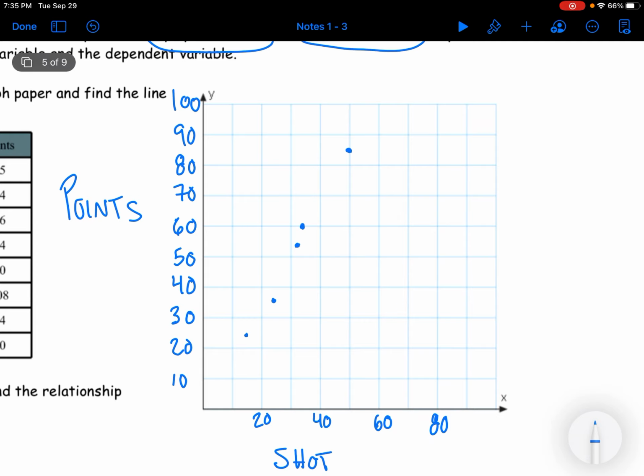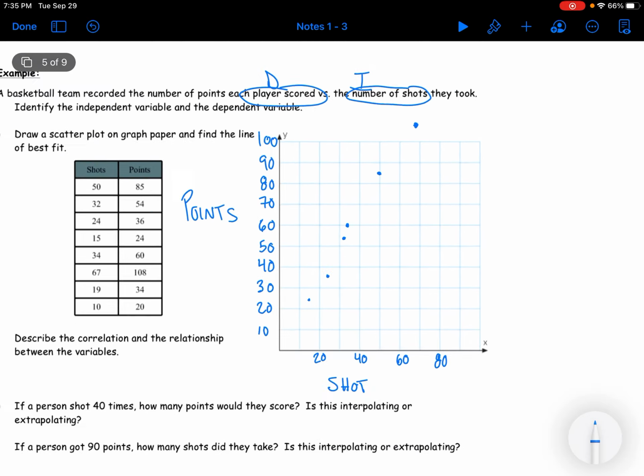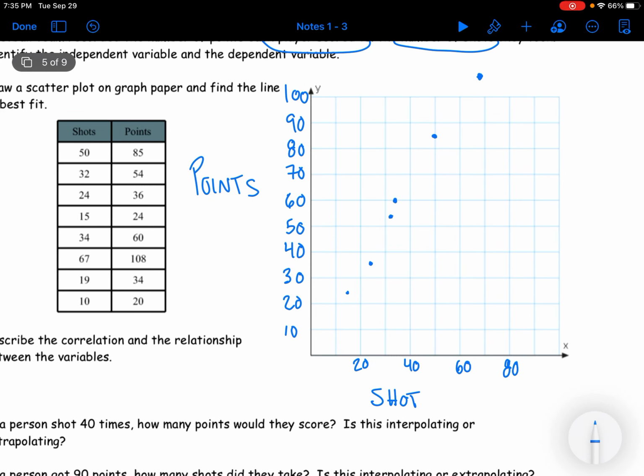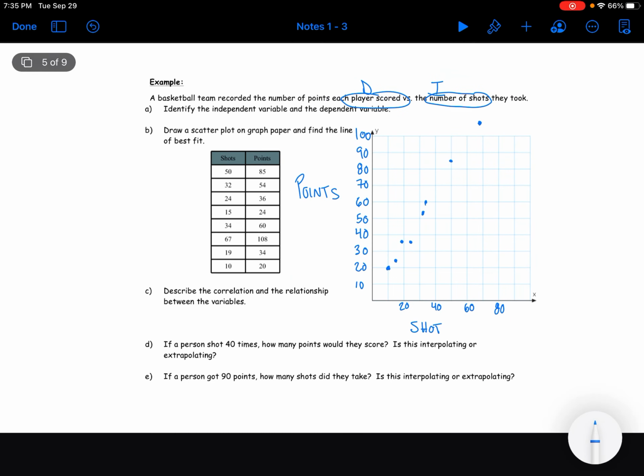So this is kind of the guy that hogs the ball and shoots all the time, but still scores a fair bit. So 67 and 108. 19 and 34. And then last but not least, 10 and 20. So there's all of our points. I'm going to make them just a little bigger so we can see them nice and clear. Okay, there's all of our points. We've got our graph.